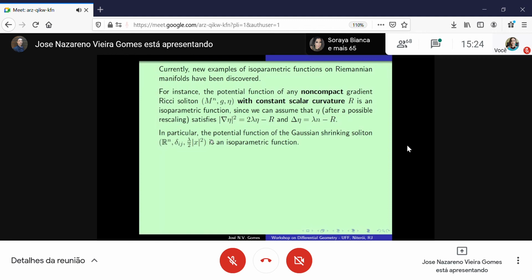In particular, the potential function of the Gaussian soliton is an isoparametric function.